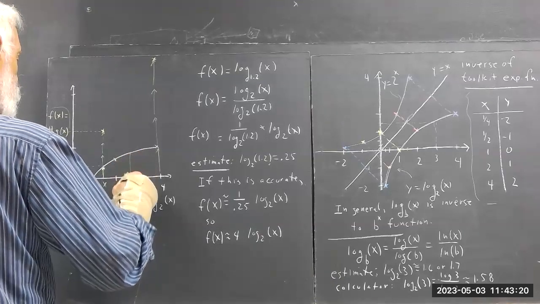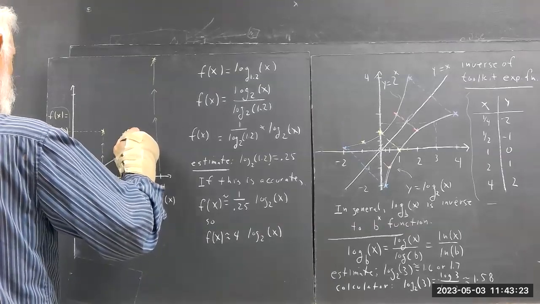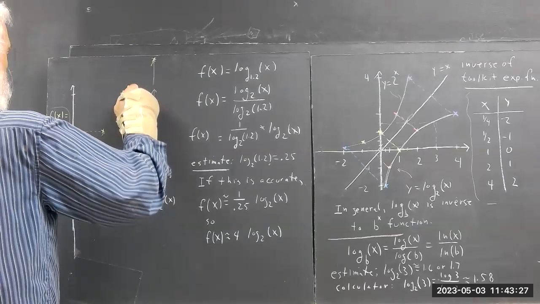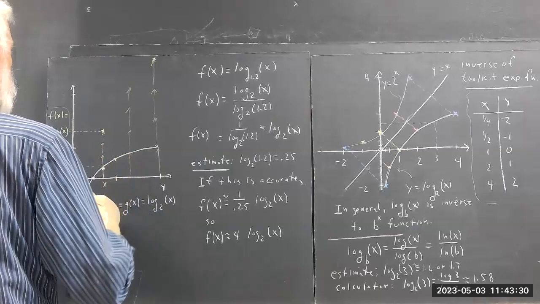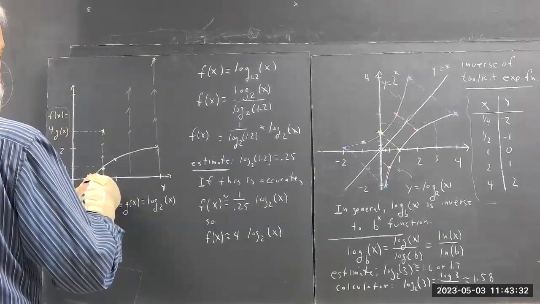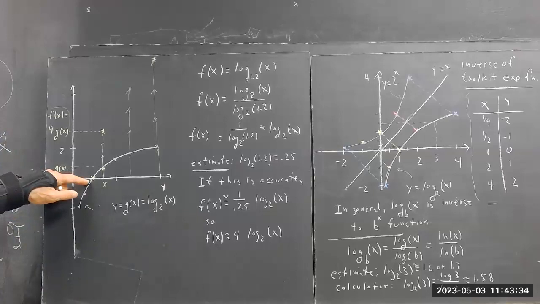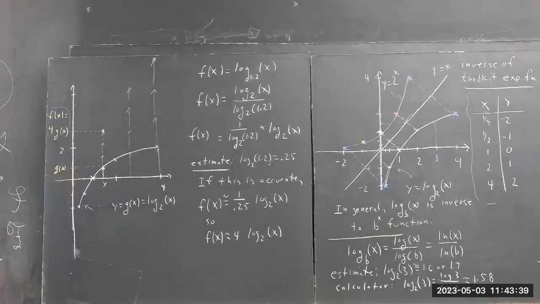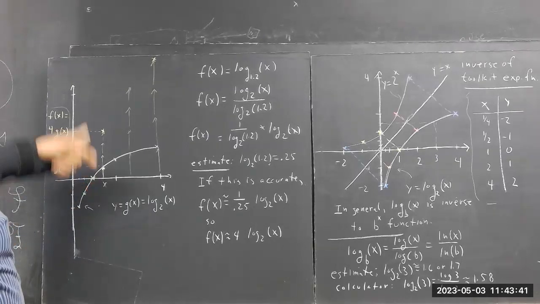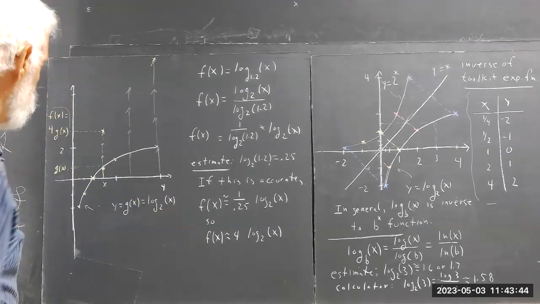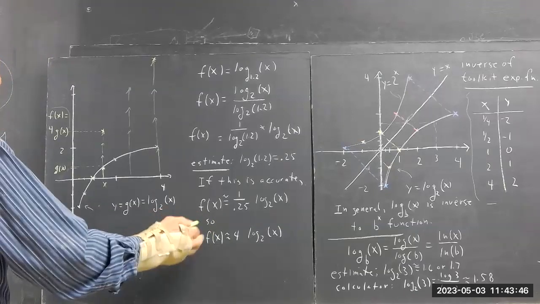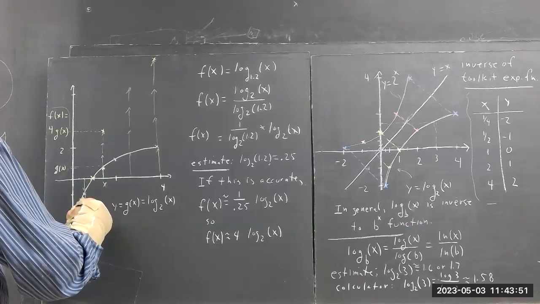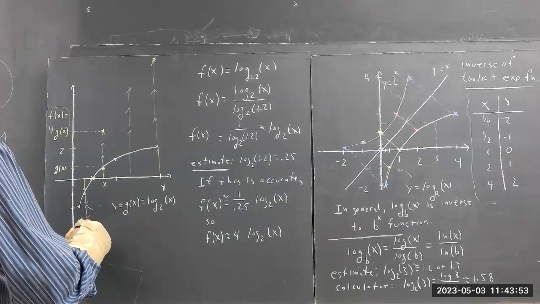I can take a point here. And of course, the point for 0, y equals 0, is going to give me 0 for either function. Down here, I can go down here 1, 2, 3, 4.